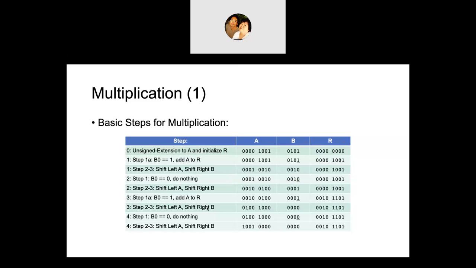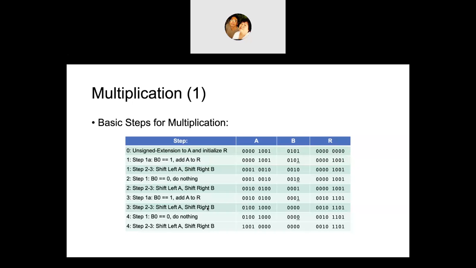In the algorithm, we have to check multiplier 0. In this case, we have to check B0 whether it is 0 or 1. So the first time it is 1. So we have to add A to R. Because at the very beginning, R is 0, we add A to R, so we get R like this.